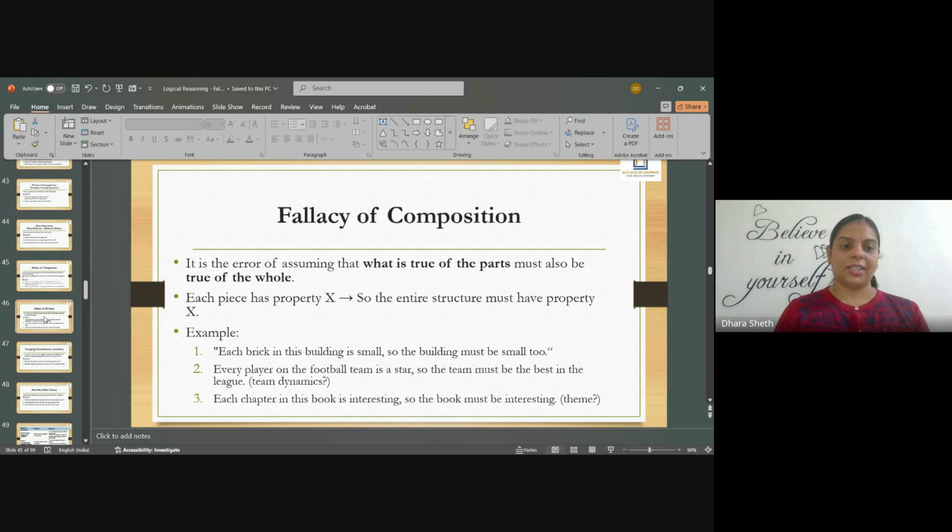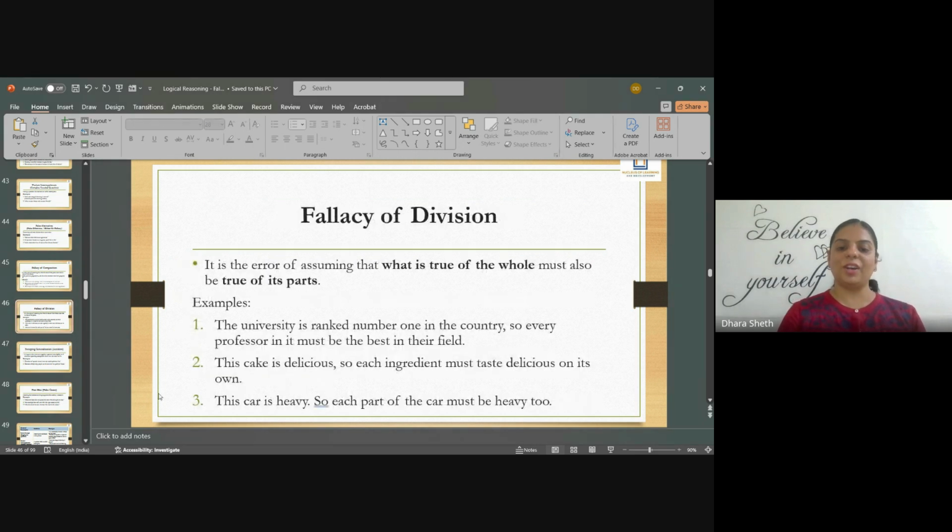Next, the opposite of it, fallacy of division. Assuming what is true of the whole must also be true of its parts. My entire body is alive, so my hair should also be alive. May not be. Hair is dead protein, so it's not alive.